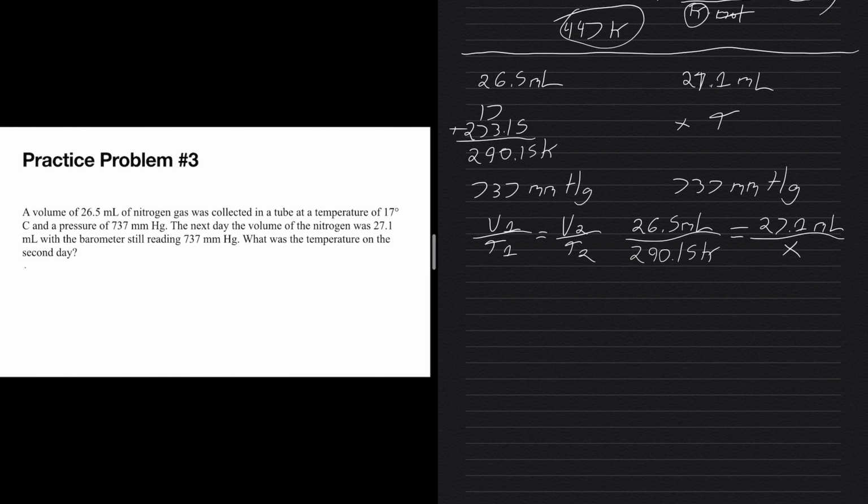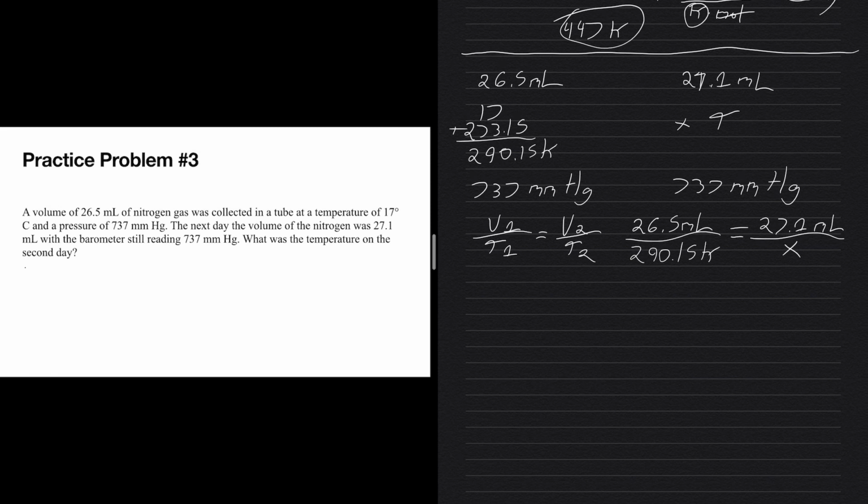So we're going to see 26.5 over 290.15 equals 27.1 over X. Let's put that in.